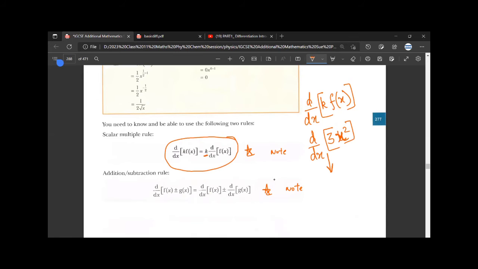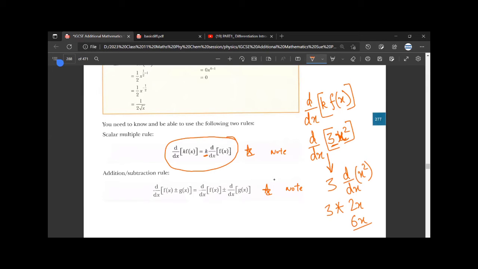K will come out, that implies this 3 will come out, and I just have to find the differential of x square. Avantika, is it making sense? And the differential of x square, Mr. CB, is 2x. And the answer would be?